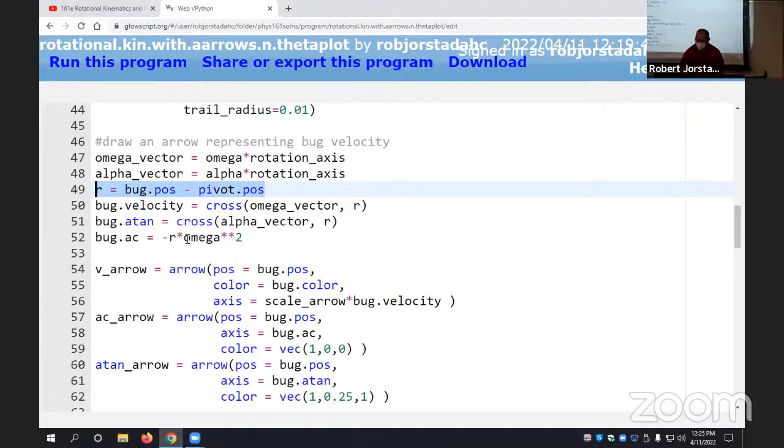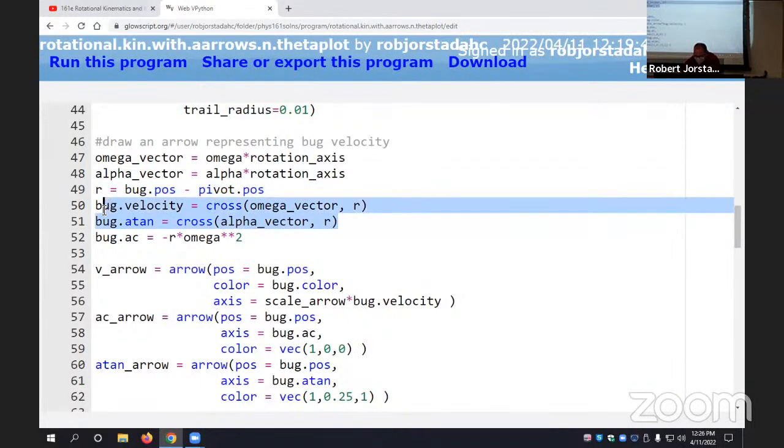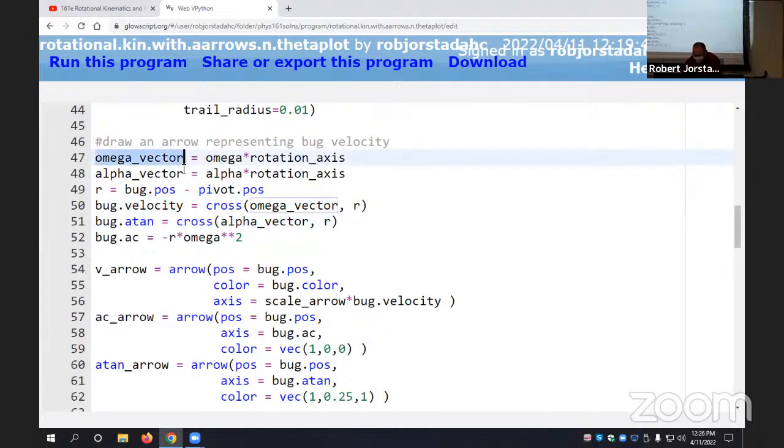This is going to be a radius, right? Remember that r is final minus initial. So it's going from the center of the screen, which is where the pivot is located, to the bug. And notice, this is something we've been kind of glossing over: you're going to need cross products. To convert these magnitudes into vectors for the velocity and a tan, we actually need a cross product.